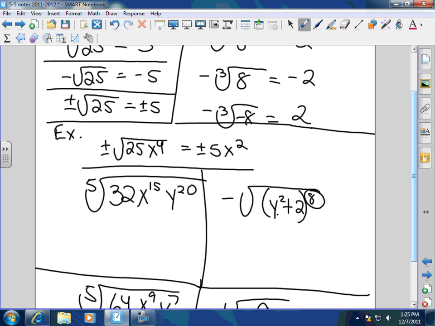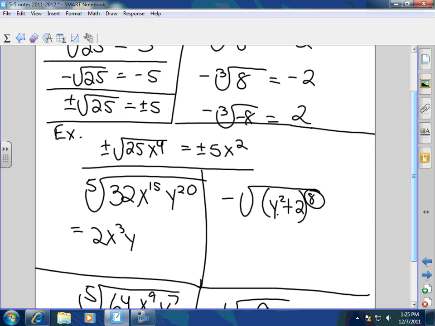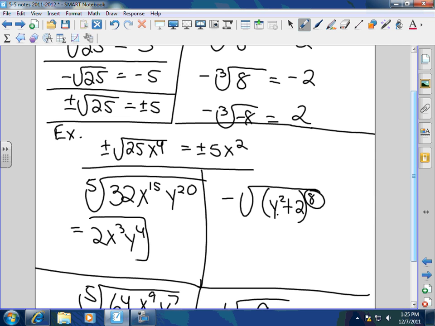The fifth root of 32x to the 15th, y to the 20th, this is going to be 2x cubed y to the 4th. Five does go evenly into 15, that's why I put x cubed. Five does go evenly into 20, that's why I put y to the 4th.